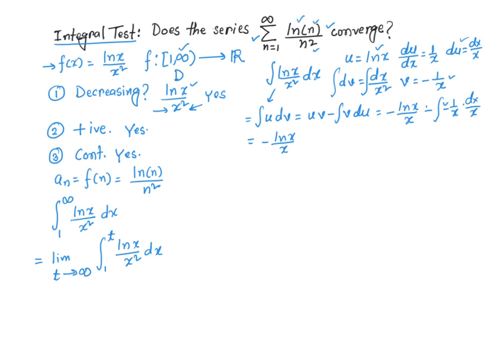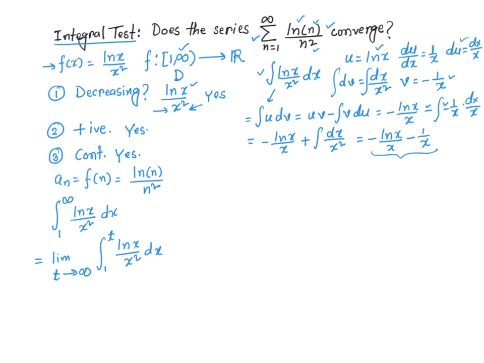This negative and negative is going to make it positive, the integral of dx over x square. If I simplify it further, it's going to give me negative ln of x over x minus 1 over x, since the integral of dx over x square is negative 1 over x. So this integral is actually equal to this.